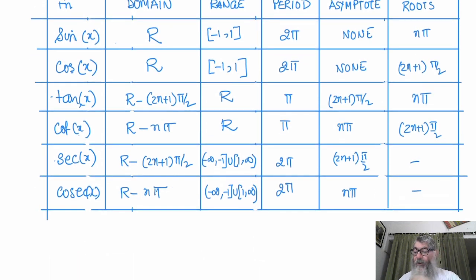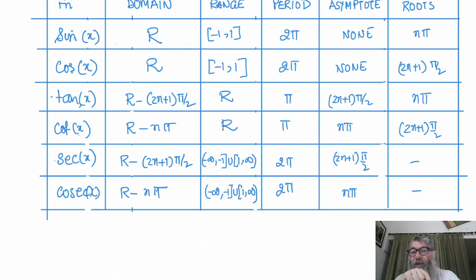Now if you notice, there are sets of 2. Sine and cos have almost the same kind of domain, same kind of range, same period, asymptote none, roots you can check. Tan x and sec x: tan x is sin x upon cos x, sec x is 1 upon cos x. So there also the domain is R minus (2n+1) pi by 2.